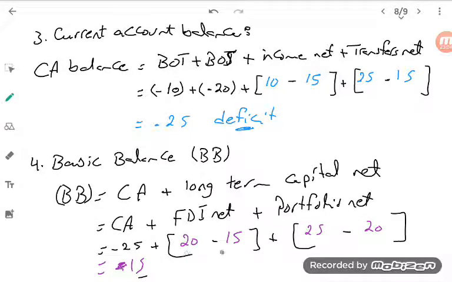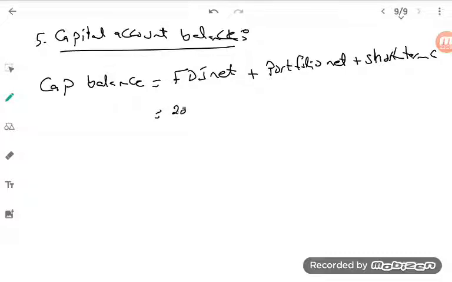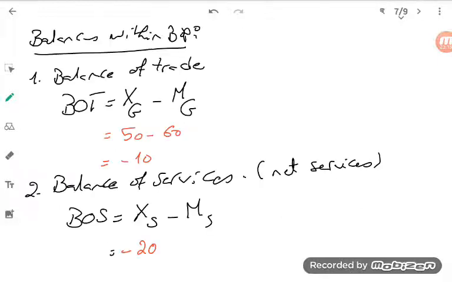Foreign direct investment 20 minus 15. Portfolio 25 minus 20.